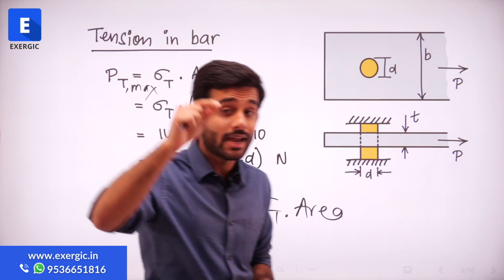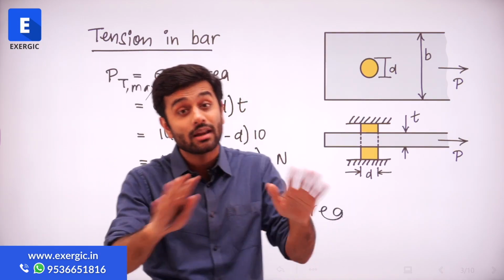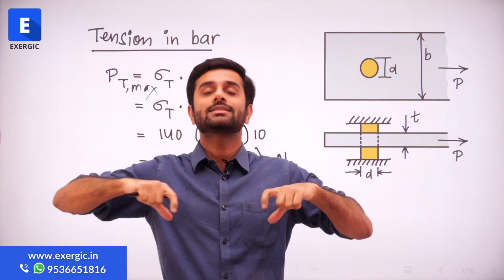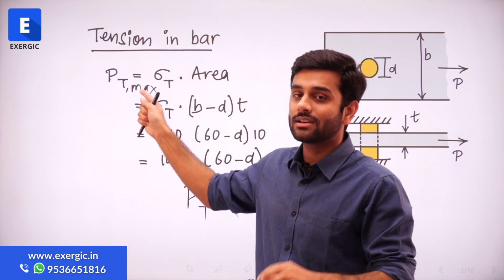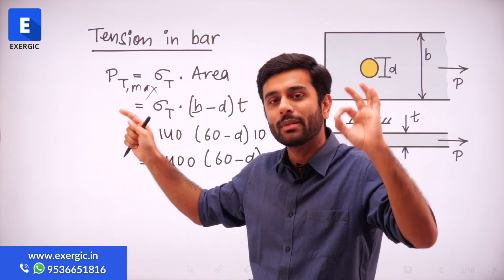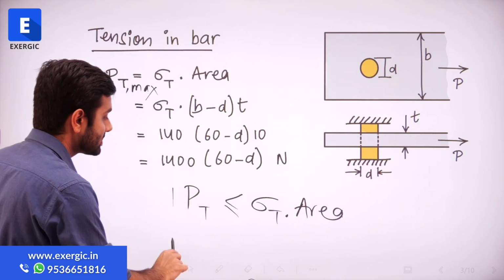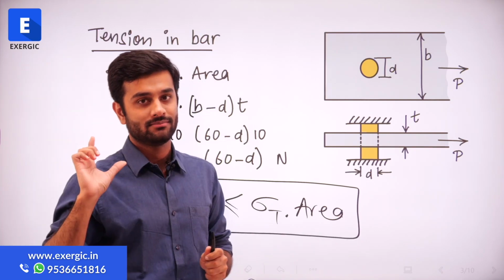So the point that you must understand, not only in this question, but as a general concept, is that this expression is specifically for maximum allowable force. The generic expression is not an equation, it is an inequality.